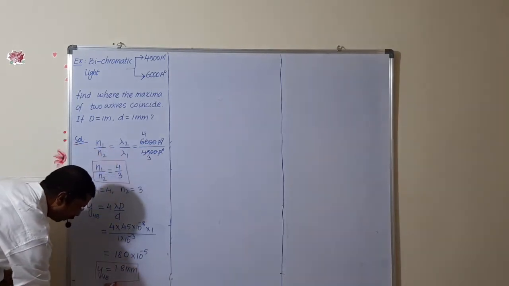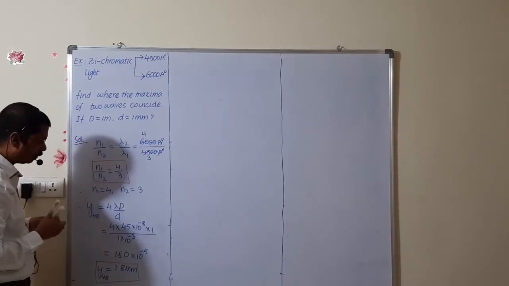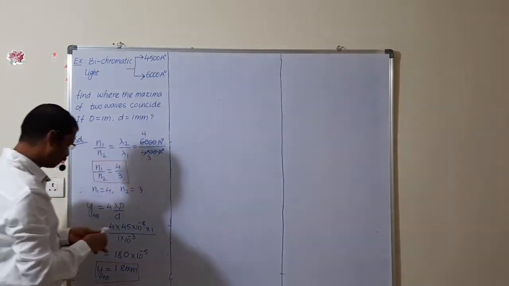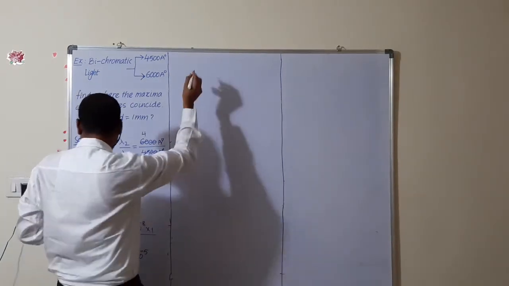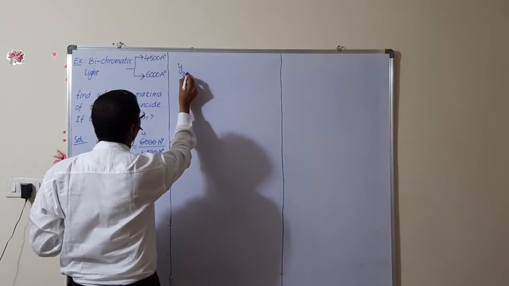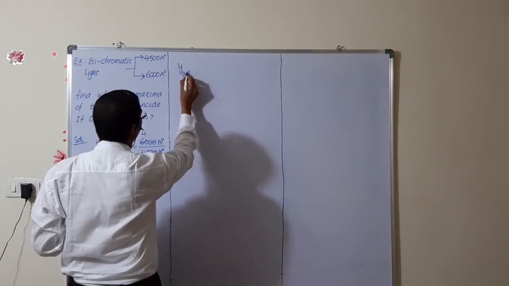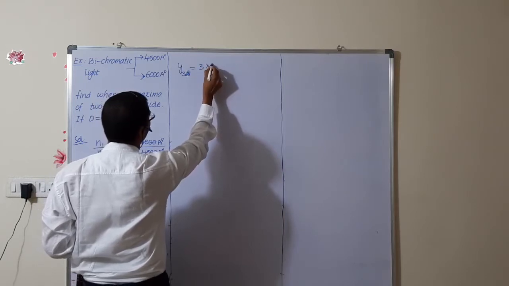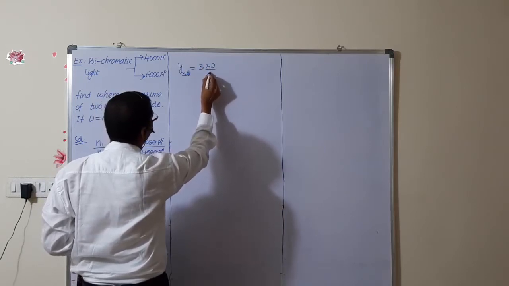Here, for the second wavelength we also have to get the same value. Then only will they coincide. Now we go for the third bright fringe, which is equal to 3 into lambda 2 capital D upon small d.